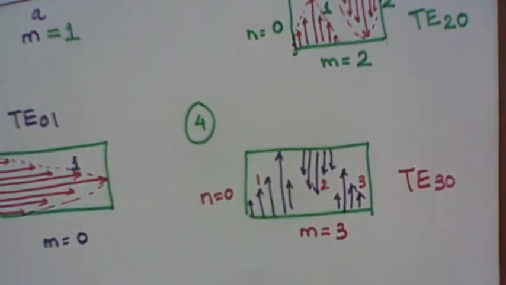So again, what we are getting over here is that if any one of the dimensions is having a half cycle variation, we represent that variable, either M or N, with respect to the number of half cycles.